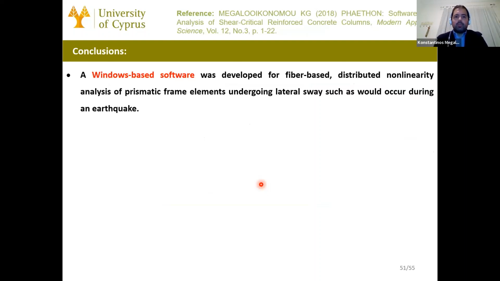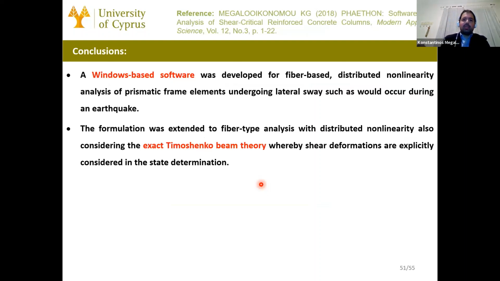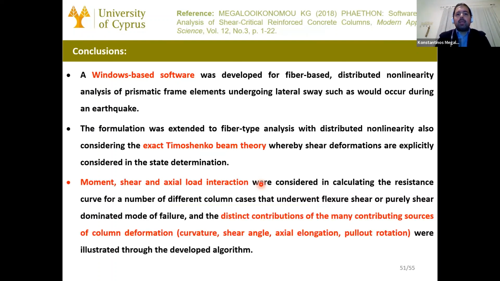Now, the software has incorporated an exact Mosemko beam model. It defines the distinct contributions, as we said, of different sources of column deformation: curvature, shear angle, axial elongation, and pull-out rotation.